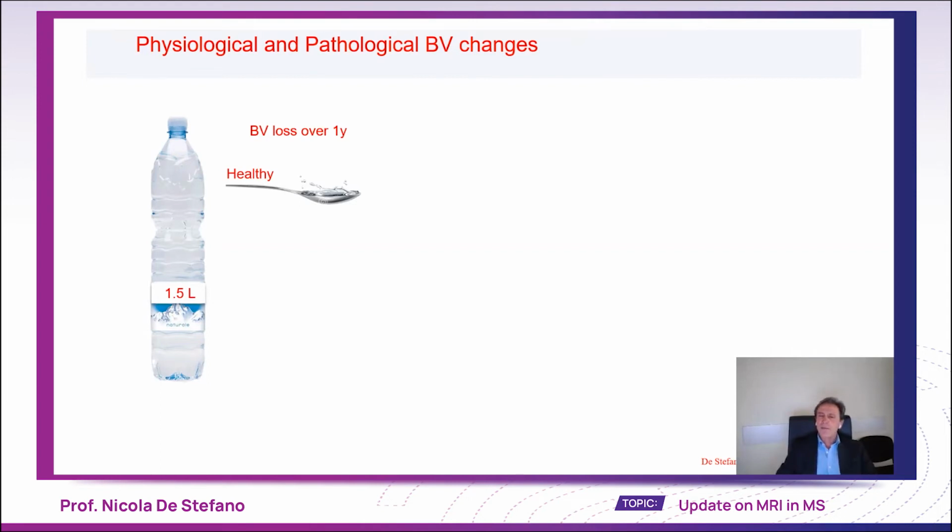So it is definitely age dependent, but I'm assuming the age is the same. In patients with MS, we lose a little bit more than healthy controls in terms of this water spoon, but of course, for example, in Alzheimer's disease, we lose even more.